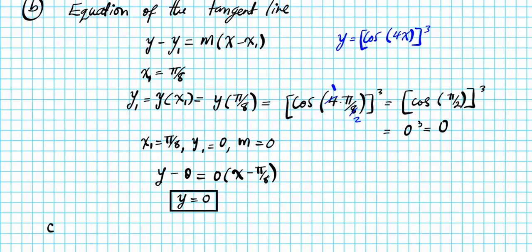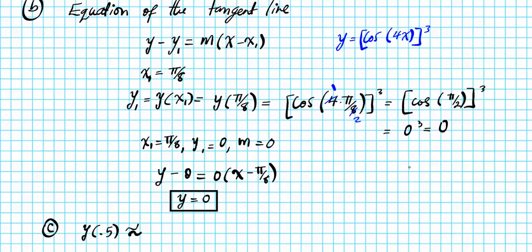So part C, y or f of 0.05, the same thing, is approximately what you're going to get using this tangent line right here. Okay, so y of 0.05 is simply what you get when you input 0.05 into this equation of the tangent line that we have right here.